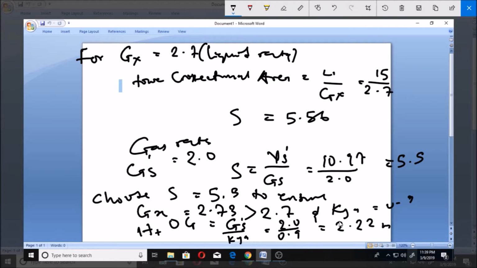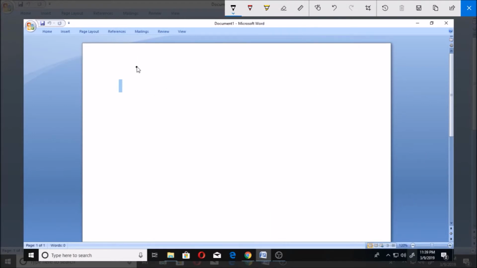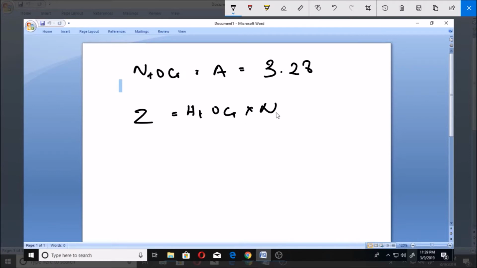Now to calculate NOG, from this we can simply calculate our NTOG, number of transfer units, to be equal to the area under the graph, which is 3.28, and Z is equal to HTOG times NTOG, which is 2.22 times 3.28.